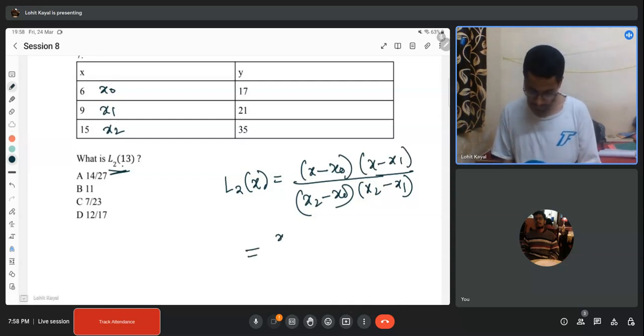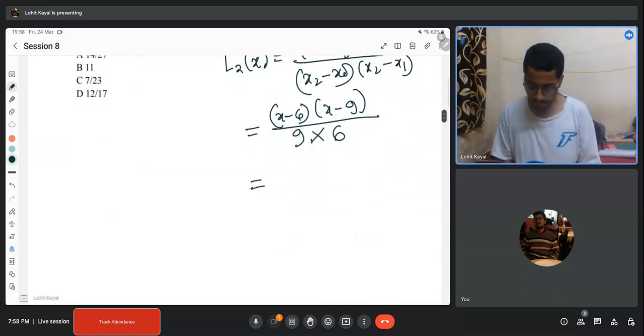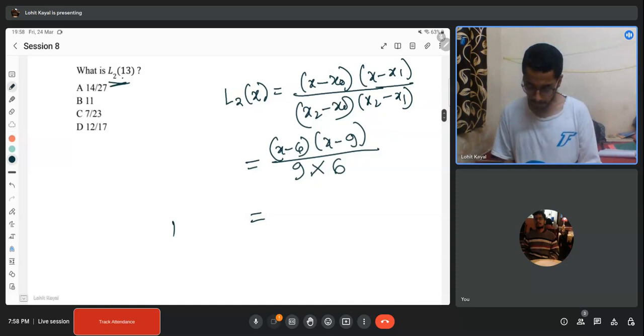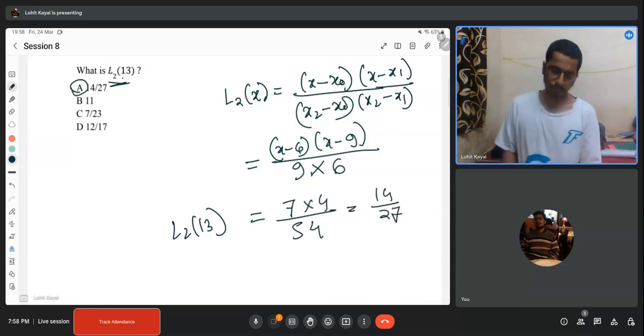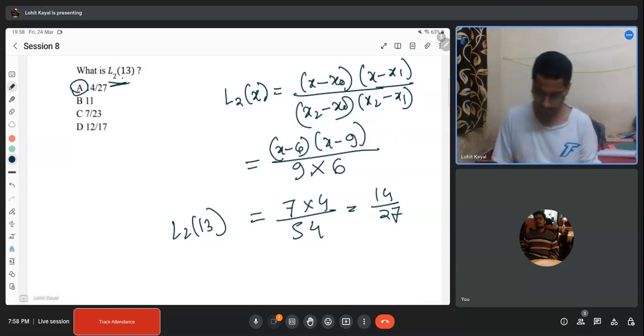It will be (x minus 6)(x minus 9) divided by x2 minus x naught, that is 9, into x2 minus x1, that is 6, so 54. So L2 of 13: 13 minus 6 is 7, into 4, by 54. So it will be 14 by 27. So option A is correct.